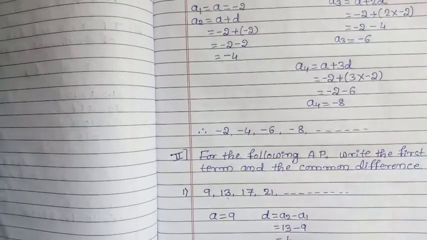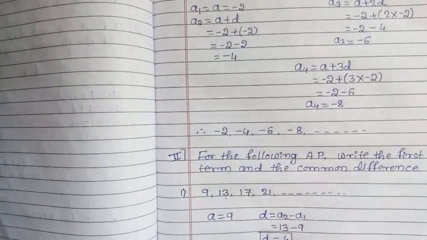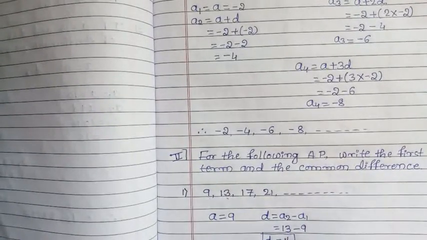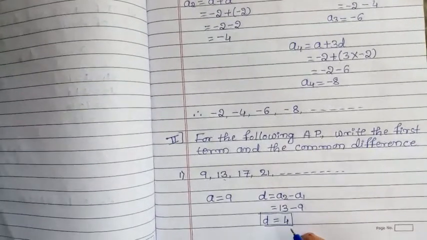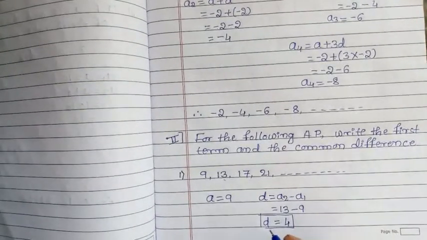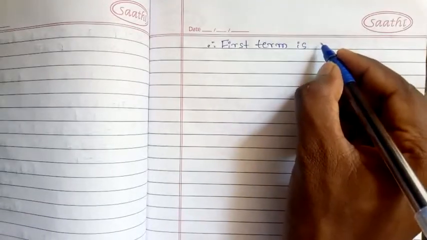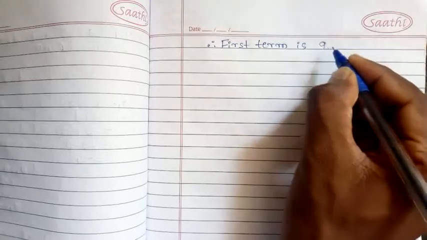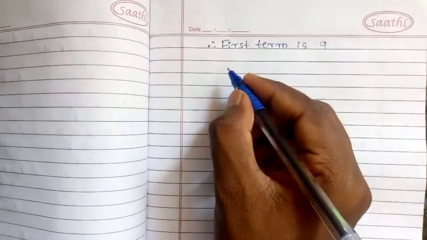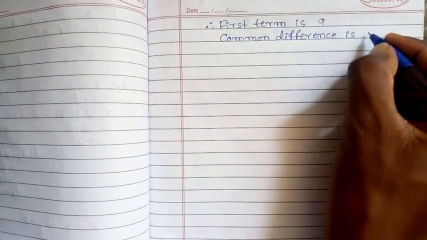Therefore the common difference is 4. The first term is 9 and the common difference is 4. Therefore we write: first term is 9, common difference is 4.